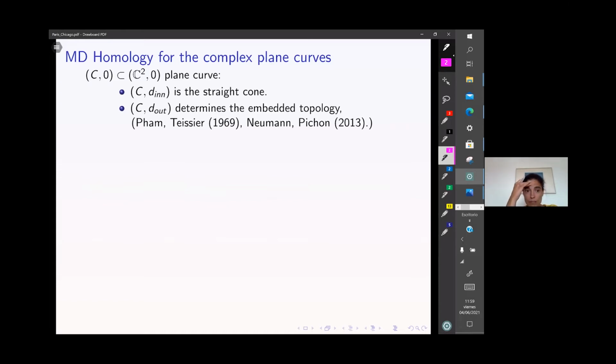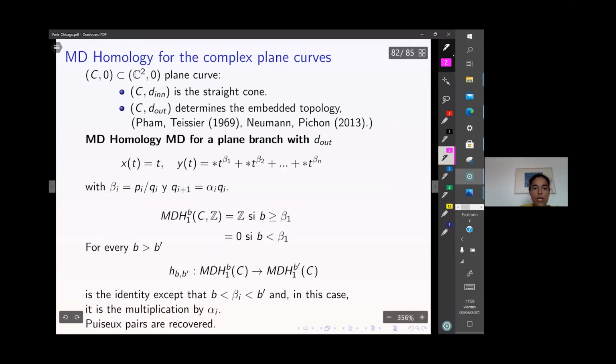So, coming back to the initial examples, the homology of the complex plane curves. As I said, we compute the interesting case, that is, the plane curve with the outer metric, and what we get is the following.